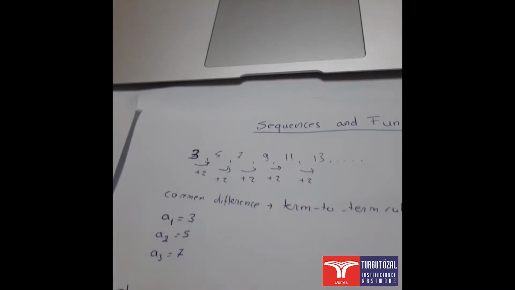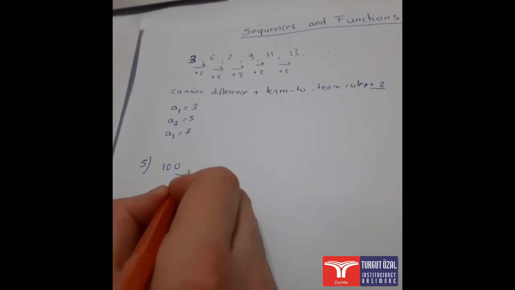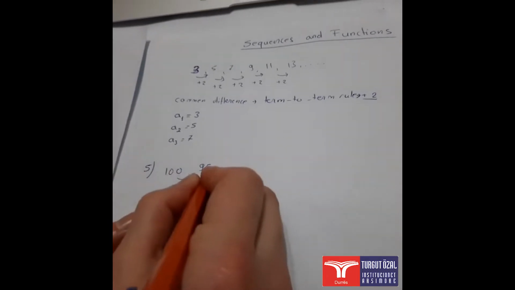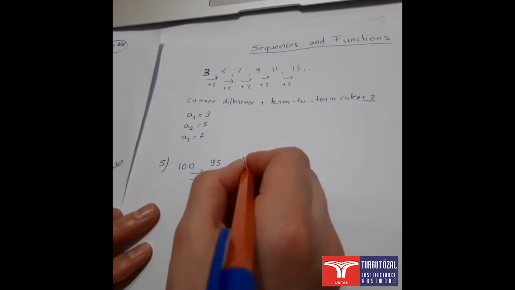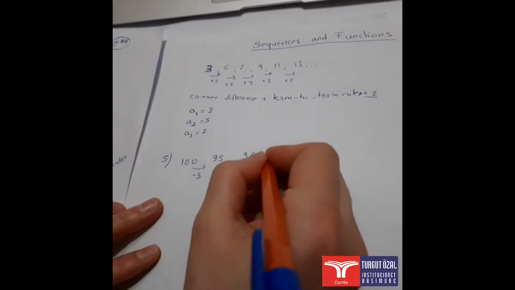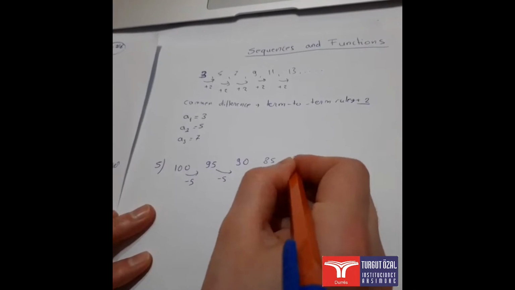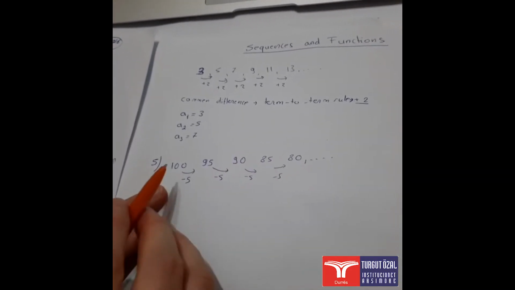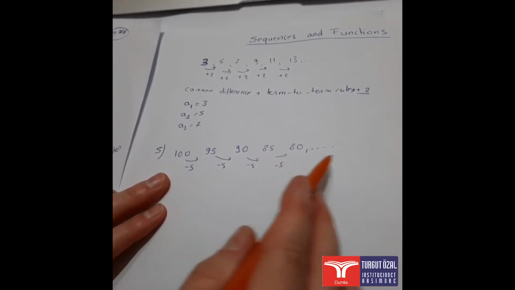So the first term is 100, then from 100 I have to subtract 5, so the second term will be 95. From 95 I have to subtract 5, so the third term will be 90. Again we subtract 5, 85, and the fifth term will be 80. And it can continue like this. So 100, 95, 90, 85, 80, and so on.